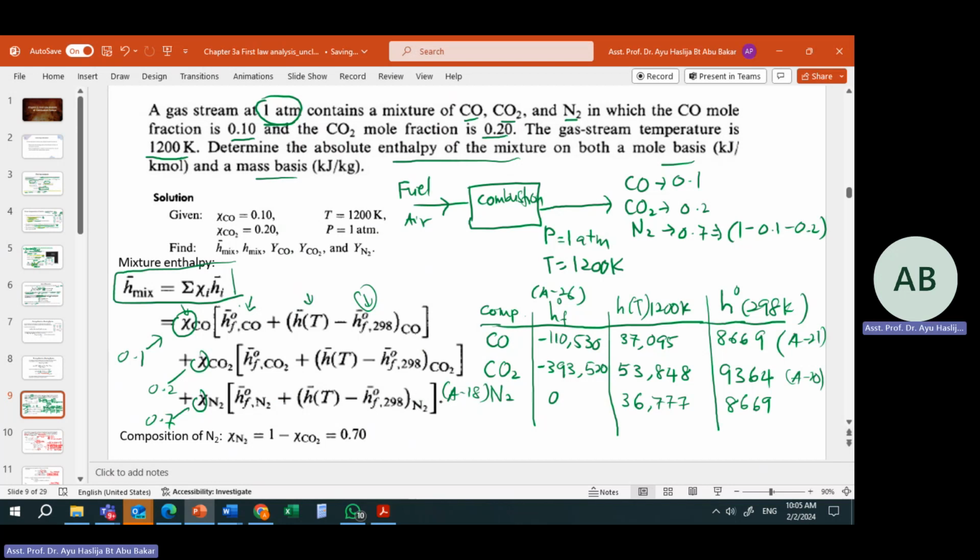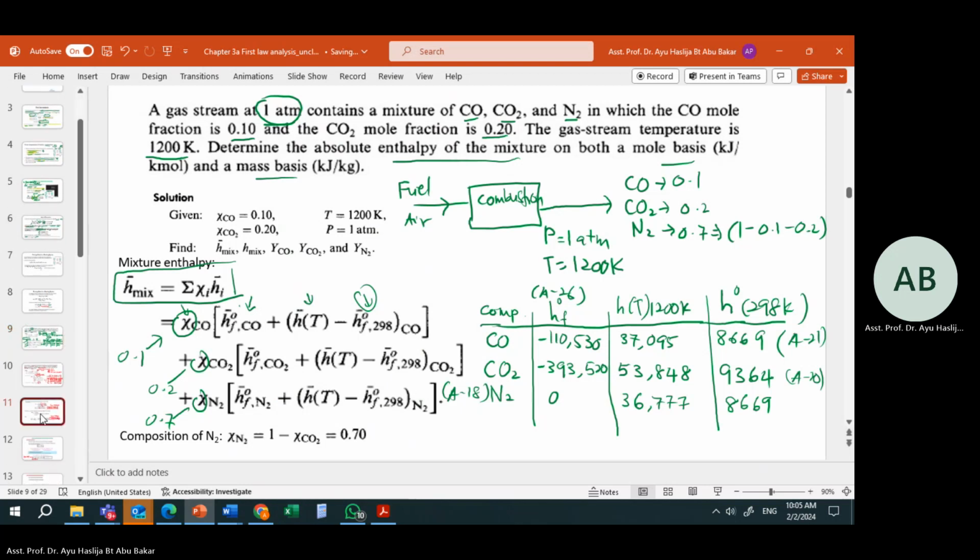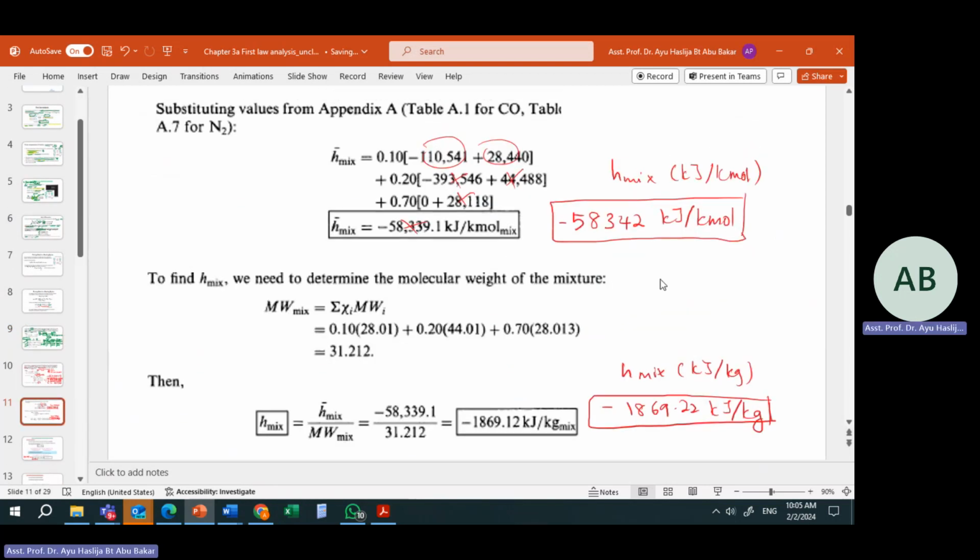Jawapan dalam the next slide tu is a bit different. So after substituting all the infos, a bit different because they refer different table. So try to plug in whether you can get this figure.